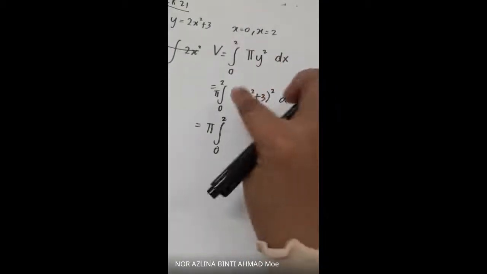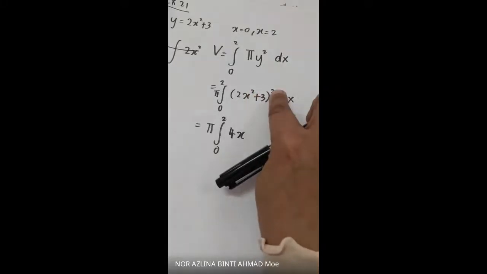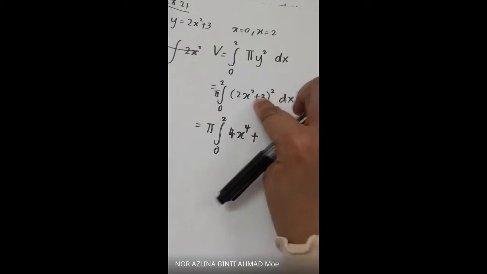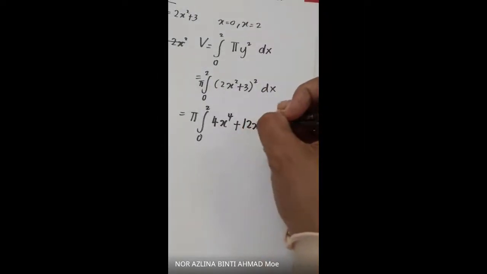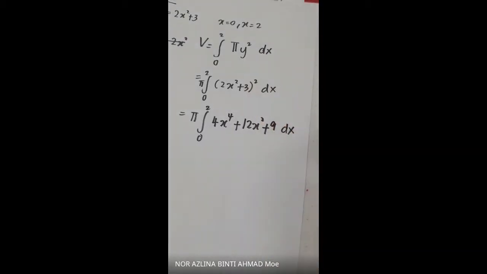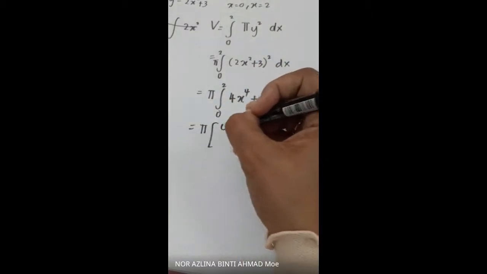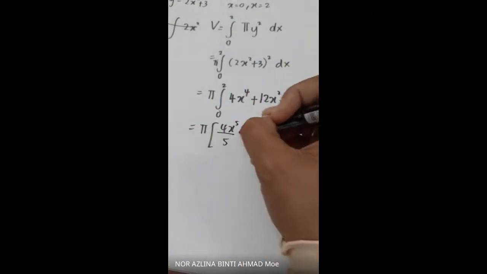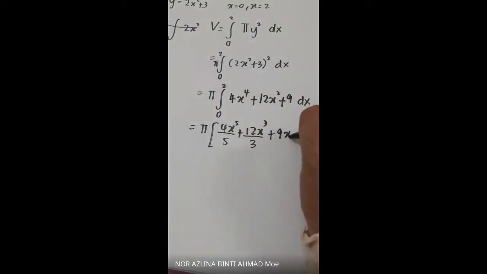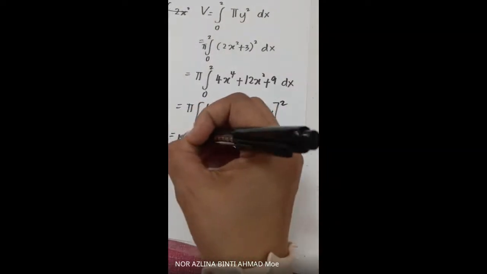Okay, you expand 2 power of 2, 4 x power of 2 multiply 2, 4 plus 2 times 3, 6. 6 times 2, 12. 12x squared plus 3 squared is 9 dx. And we can integrate. This is 4x power of 5 over 5 plus 12x cubed over 3 plus 9x. So this is from 0 until 2.